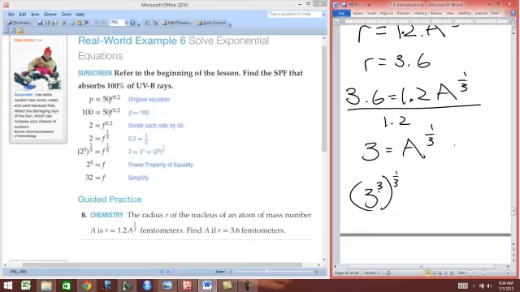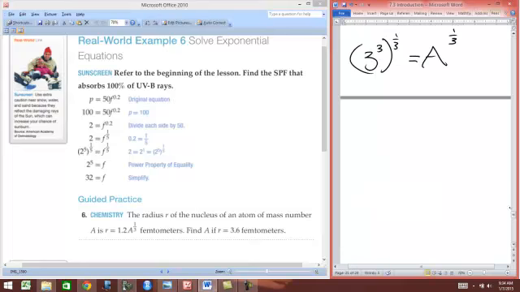So we haven't changed the left side, so we don't have to do anything to the right side. So we can drop the exponents and we can make an equation out of the bases. 3 cubed equals a, so a equals 27.